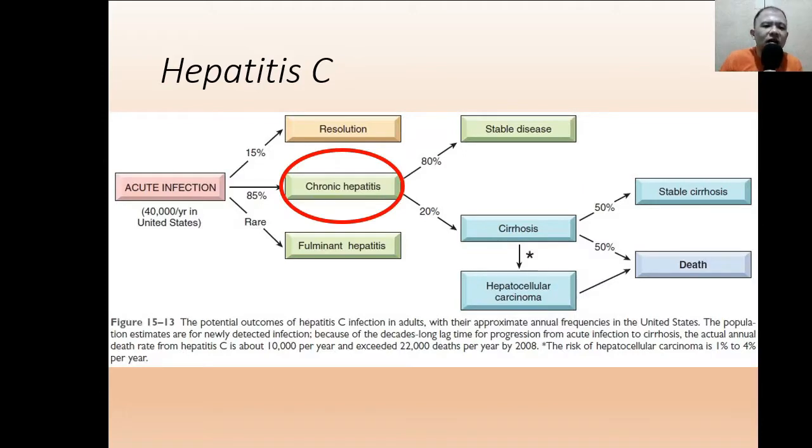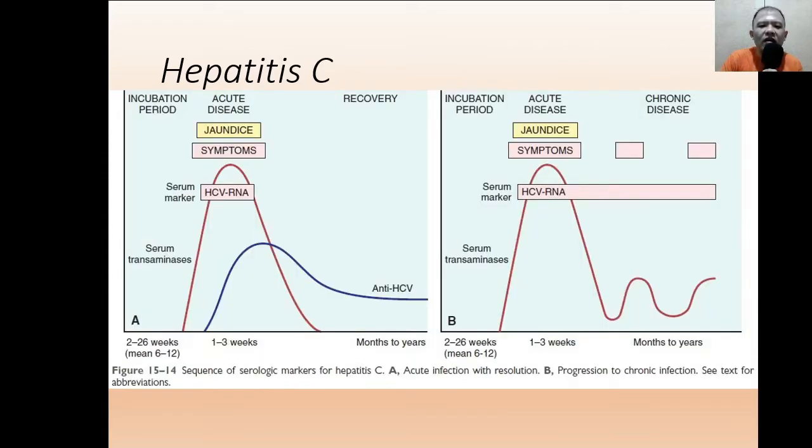So next, hepatitis C, again, majority undergoes chronic phase. Minority is the acute. Again, this is a picture showing the rise and fall of the viral markers.